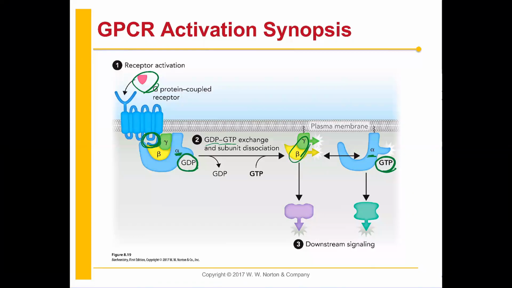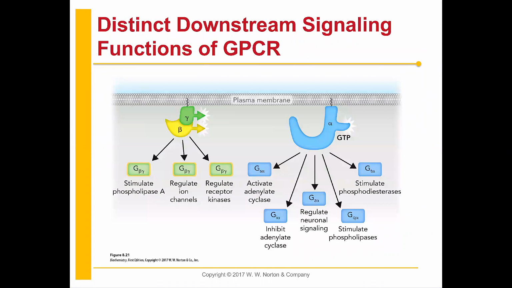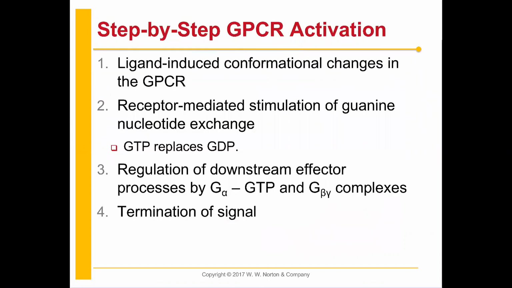And then from there, many things can be different. We just call it downstream signaling, and we're going to talk about that difference. So it's important that you understand the steps that occur for GPCR activation, which should have been here, and I'll go back to that next slide. You have ligand-induced conformational changes in your receptor.